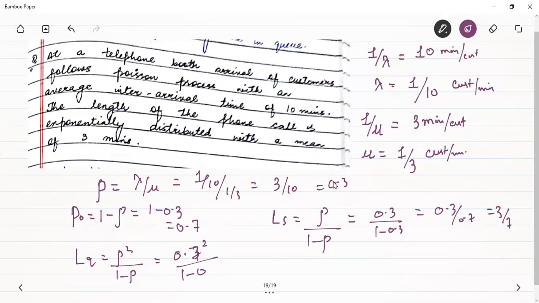Okay, sorry, this rho is 0.3. So this will be equal to 0.3 square divided by 1 minus 0.3. Okay, so this will be equal to 0.3 square divided by 0.7, that will be equal to 0.128. Okay, still calculate from your end as well.